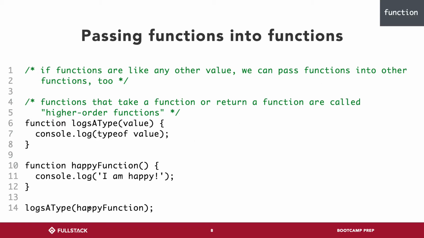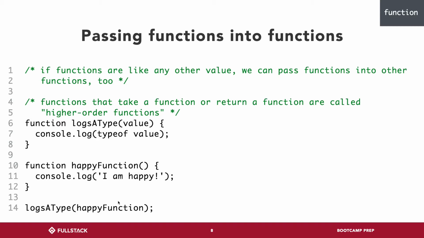It logs the typeof value. The value is happyFunction, so happyFunction is a function. So typeof value is function because you're just getting it passed in. And what happens if you put parentheses? Then you would log I am happy to the console.